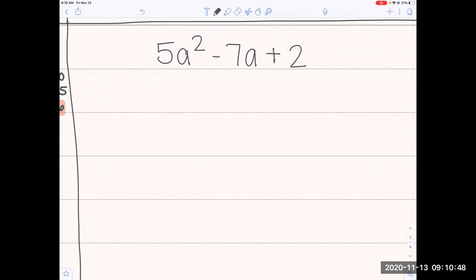I do want to check for GCF. I didn't do any GCFs in this specific video, but 5, 7, and 2 don't have anything in common. Those are all prime numbers. So I don't have a GCF for this particular problem, so I just go straight to write down A, B, and C, fill in the X, and then my factor by grouping.